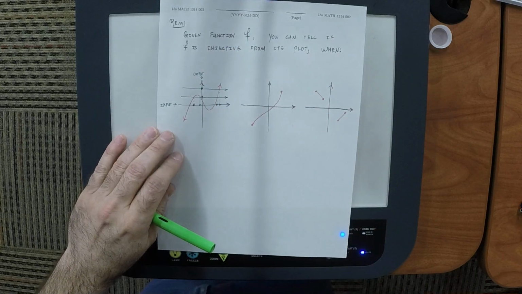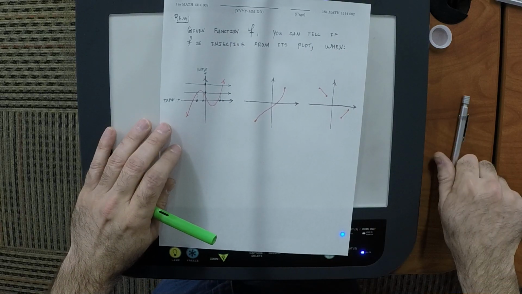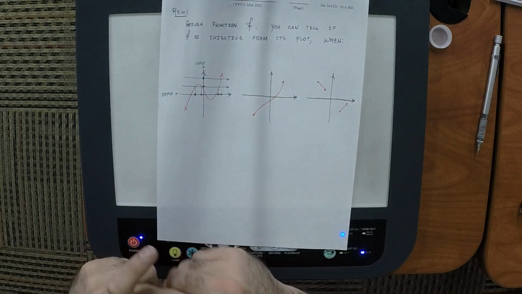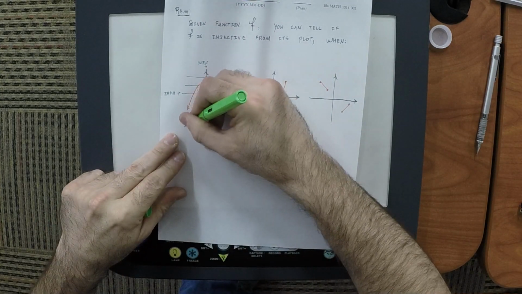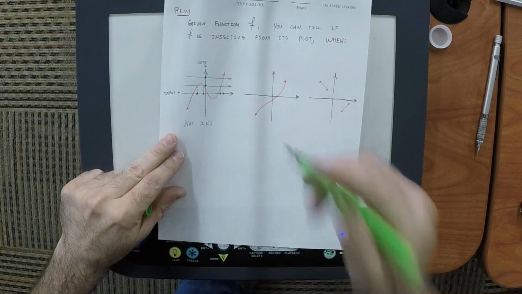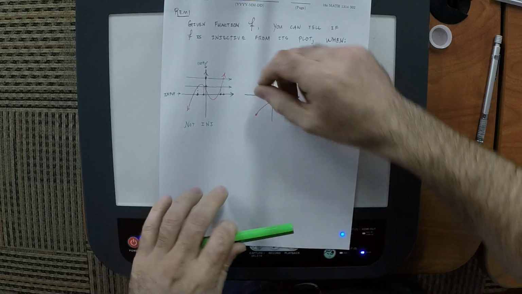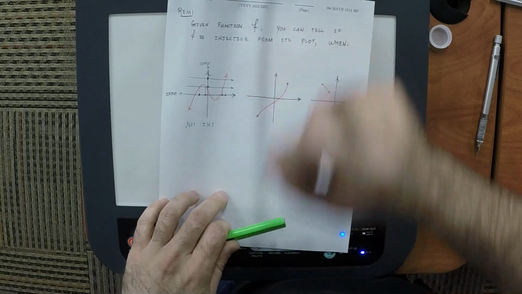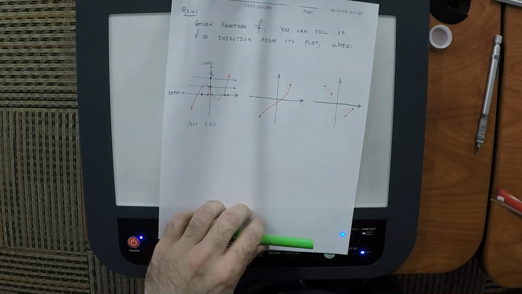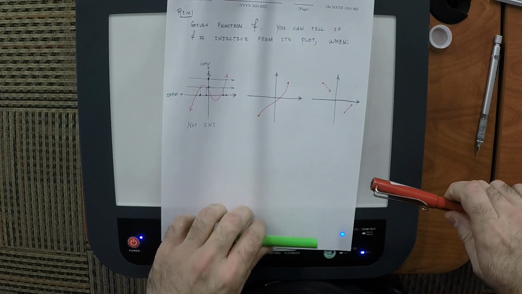So is this vending machine injective? It is not. So this is not injective. So the conceptual model is this. You take a horizontal line. To be injective, what must be true about all horizontal lines? It cannot.